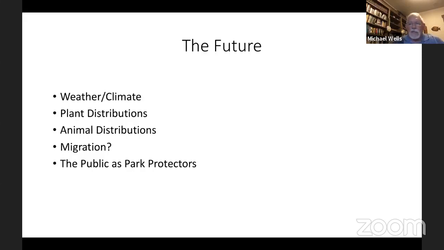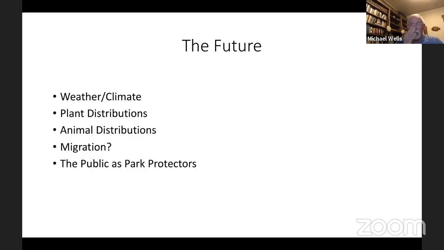But during the Pleistocene, we didn't have the city of Los Angeles. We didn't have the Bay Area. We didn't have the city of San Diego that are blocking the paths of migration of plants and animals. So the question is as the climate changes, how are plants and animals going to be able to adapt to this if they can't migrate past those points?